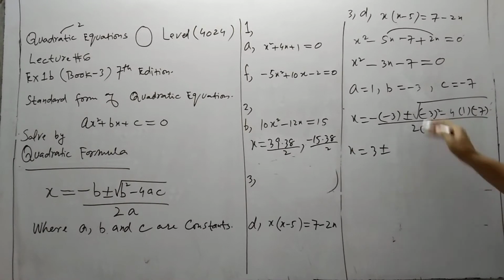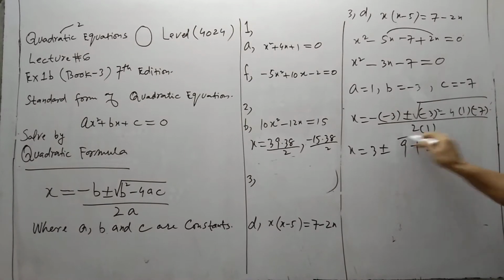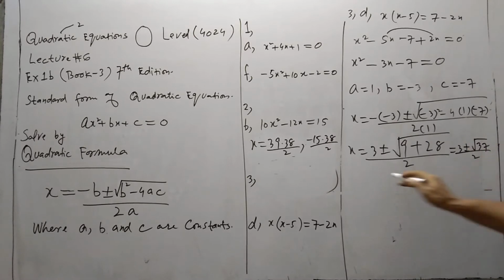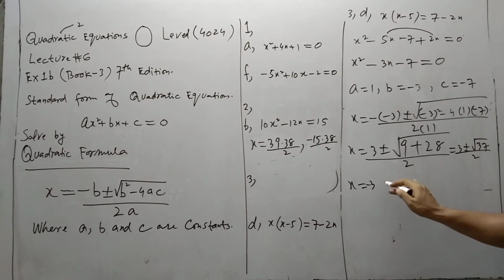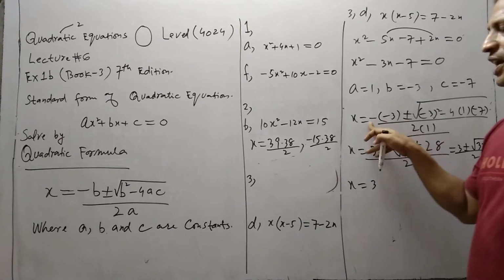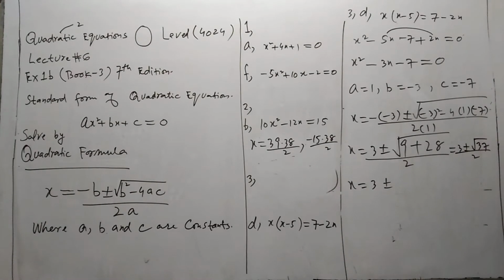Minus minus is plus 3 plus minus the square root of 3 square is 9, minus minus plus 4; 4 1s are 4, 4 7s are 28, upon 2 1s are 2. 9 and 28 is 37, root upon 2. x is equal to minus, minus 3, that is plus 3, because it is already minus plus. 3 plus minus root 37, which is 6.08, upon 2.